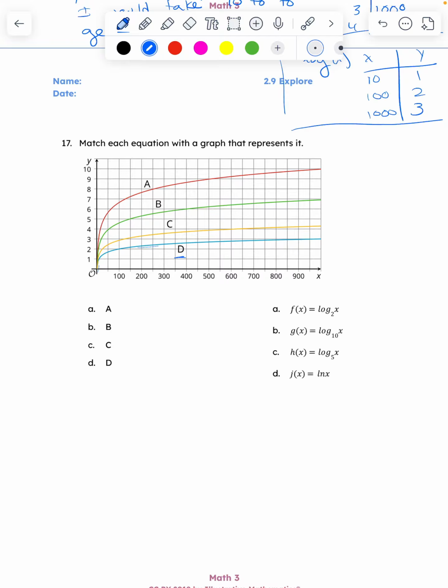So in these 4 functions, I want to think about which one is the most steep as which one has the greatest base. So I'm going to consider B here because 10 is going to be the biggest base that I have here. It's bigger than 5, bigger than 2, bigger than 2.71, which is e, because the natural log is the log with the base of e.